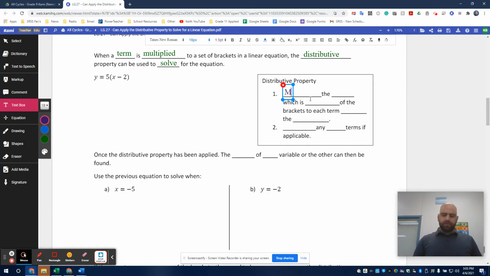What the distributive property is: we multiply the value, which is also a number often, which is outside of the brackets, to each term inside the brackets.